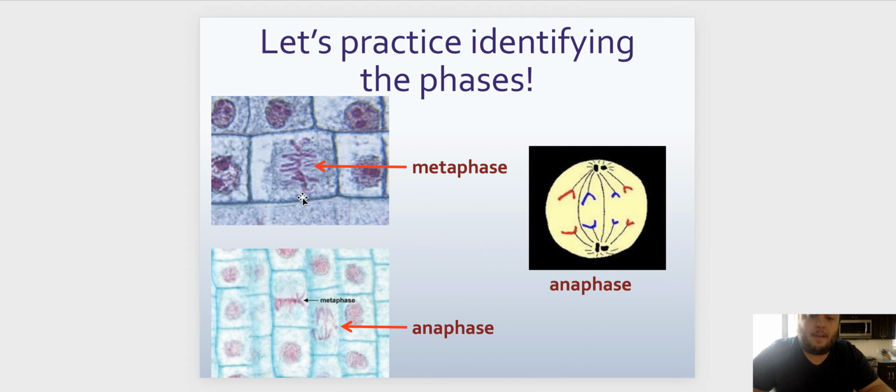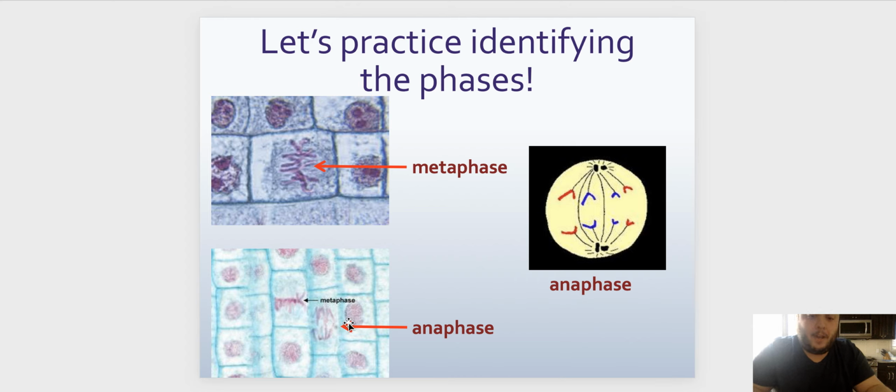If it's lined up in the middle, then it is metaphase, right? And you see in this one, this part is also metaphase. This one happens to be horizontal. This one is vertical. They are both metaphase because they're both lined up directly in the middle of the cell. Remember, it doesn't matter which way it's lined up as long as it is lined up in the middle.